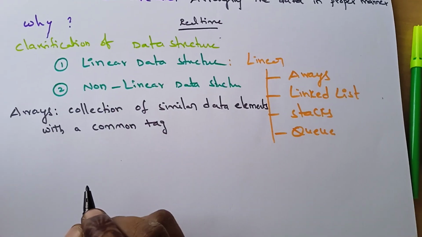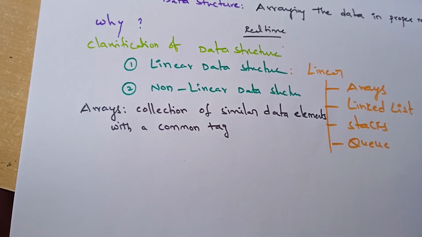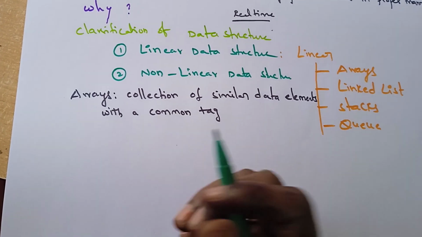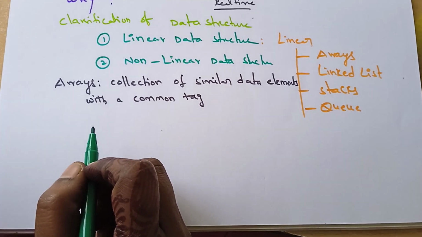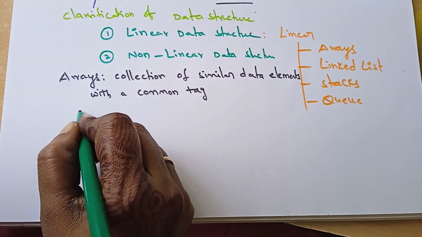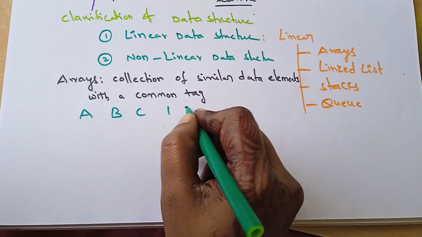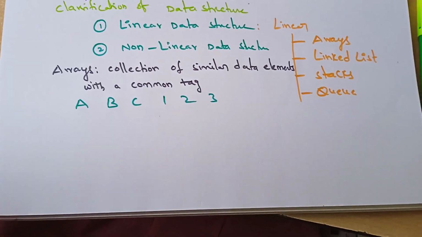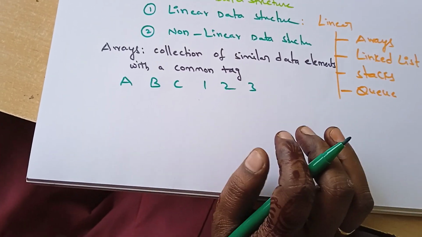This is what the arrays are. Now here let's see the example, because example will give you the clear concept. Now let's see, I have some data. Now my data is some A, B, C, or 1, 2, 3. This is my data. Assume that I wanted to put this data into my array.